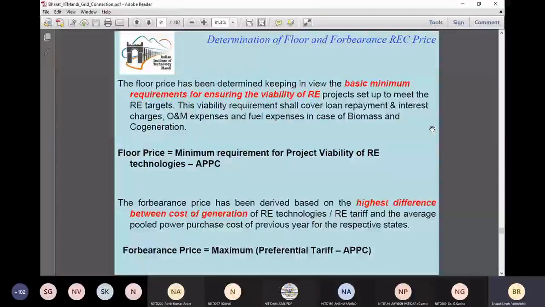It means this expression gives us an indication that the maximum price of a certificate obtained is not going beyond the preferential tariff, but in actual it is not happening. The word maximum written outside the bracket gives us an indication that there is a possibility that a benefit is always there beyond the preferential tariff also. Otherwise there is no point in going for the REC certificate mechanism. So these are the two expressions, two formulas, that we will utilize in the coming few slides.